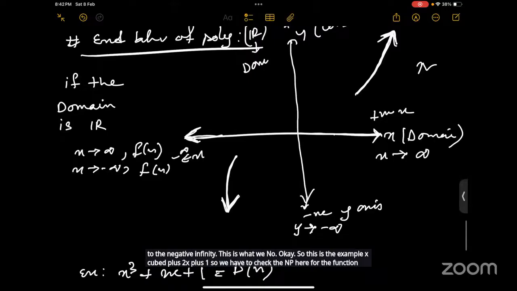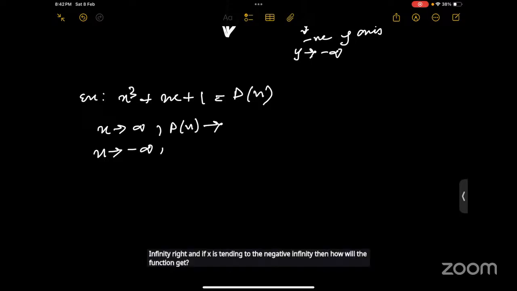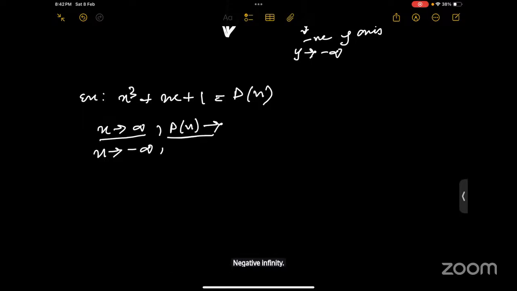When x is tending to infinity, how will the function behave? Infinity, right? And if x is tending to negative infinity, how will the function behave? Negative infinity, right? So basically, we have to check the highest power. Okay, so let me write.